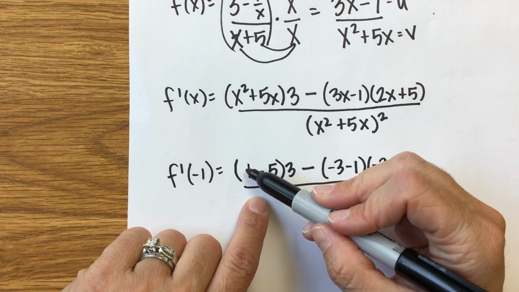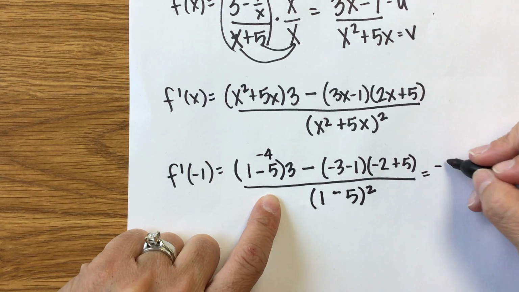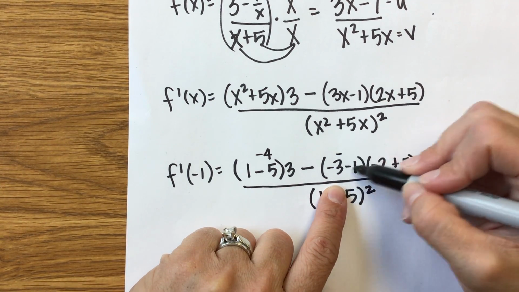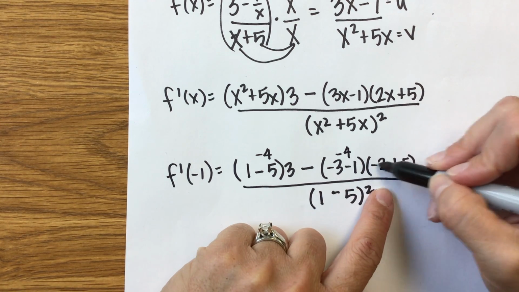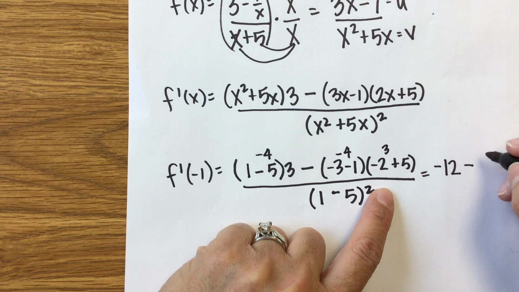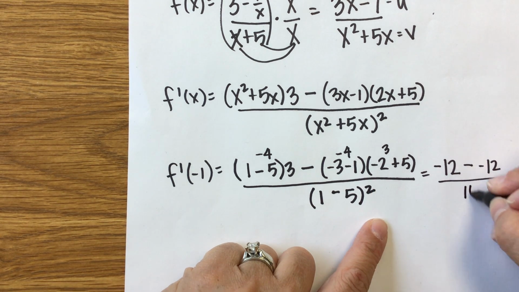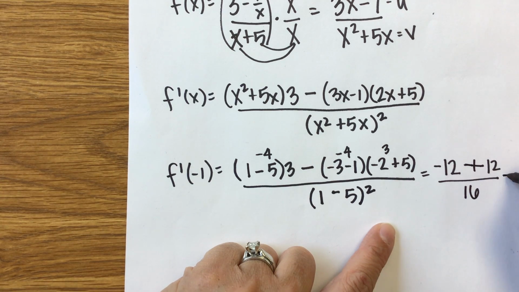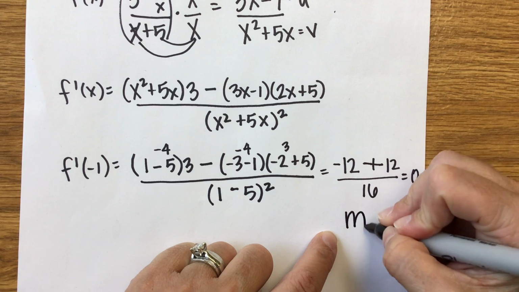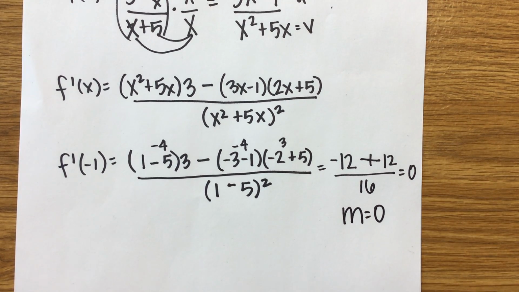I just got some work to do. So 1 minus 5 is -4. -4 times 3 is -12. And then this set of parentheses is -4. This set of parentheses is 3. So that ends up being negative 12. On the bottom I have 16, and on the top I end up with 0. So my slope, after all that work, is 0.